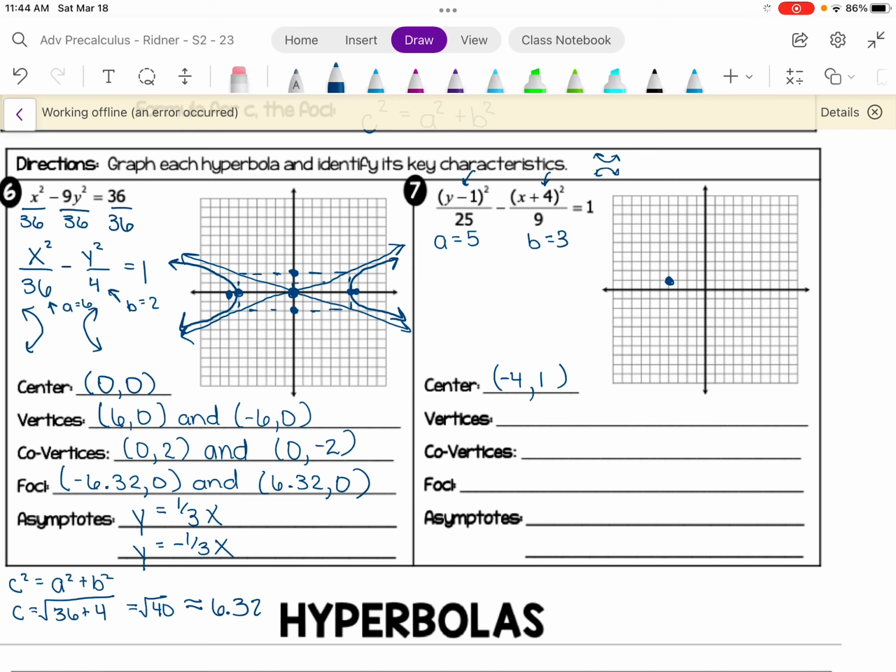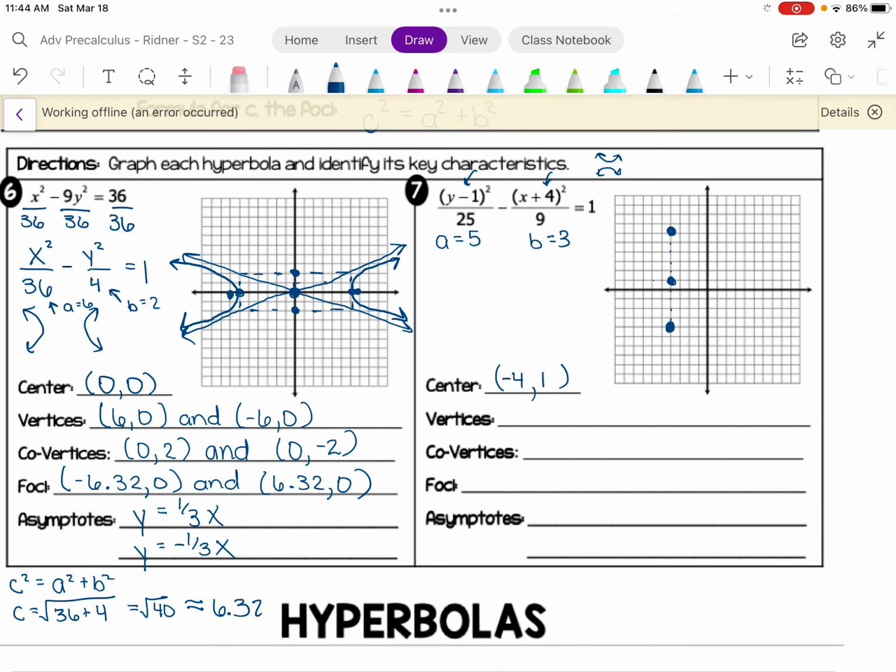Since it is an up and down hyperbola, my vertices are actually going to go up and down. So I need to count up 5. 1, 2, 3, 4, 5. And then count down 5. Okay. And then I will count left and right 3 for my co-vertices. And now I can list those vertices and co-vertices. So the vertices were the top and bottom.